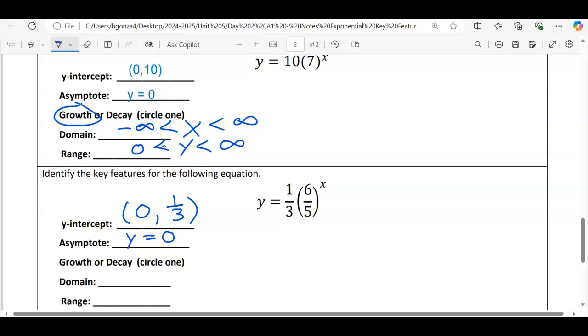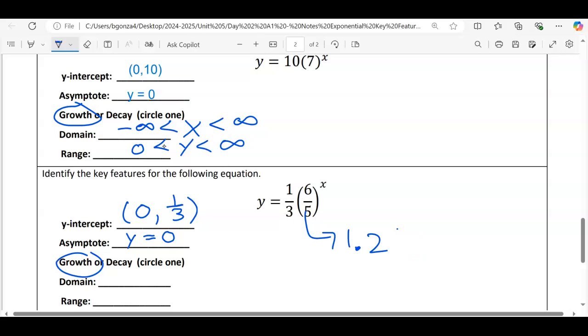If you type this into Desmos, it'll say 1.2, and 1.2 is bigger than 1, okay? So here's how you know this. If the top number is bigger than the bottom number, it's greater than 1. It's a growth function. So go ahead and circle growth, because 6/5 is 1.2. That is greater than 1.